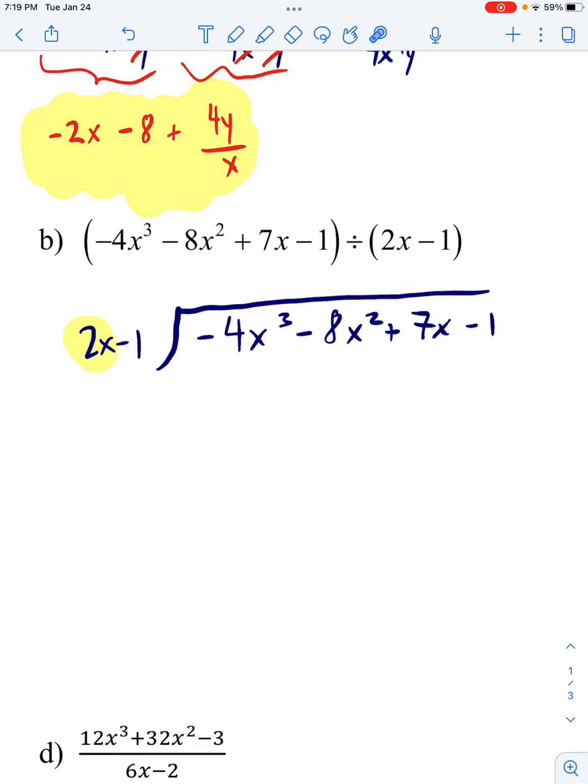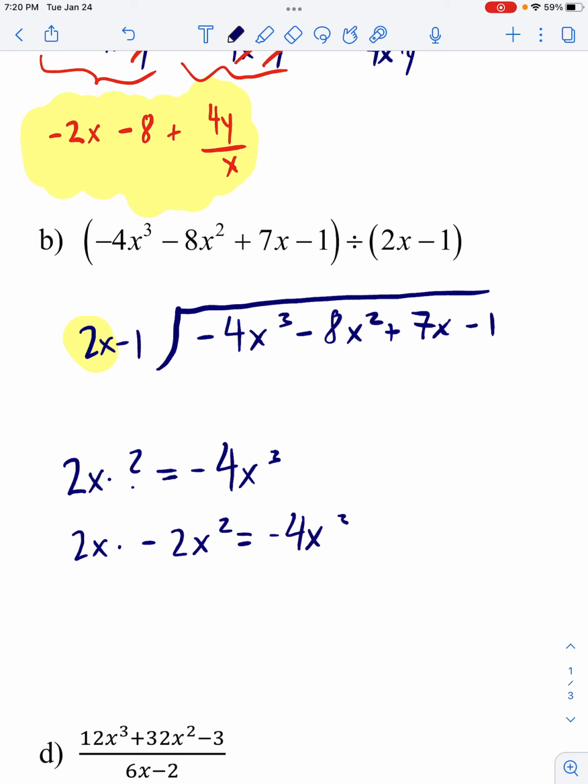We ask ourselves, what do we have to multiply 2x by? 2x times what equals negative 4x cubed? 2x times negative 2x squared equals negative 4x cubed. So I take this number and I write that right above 4x cubed.